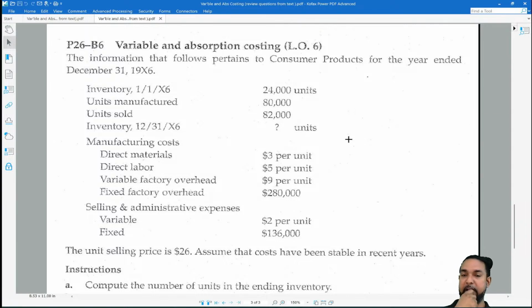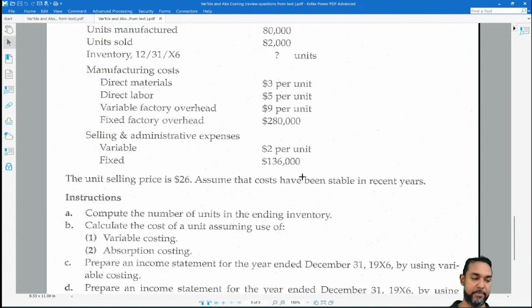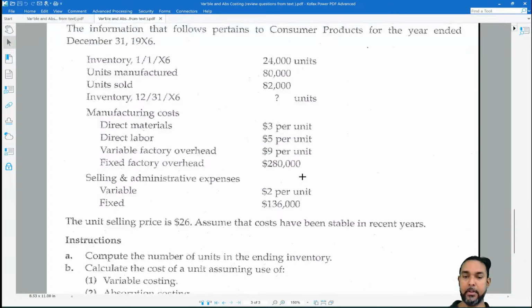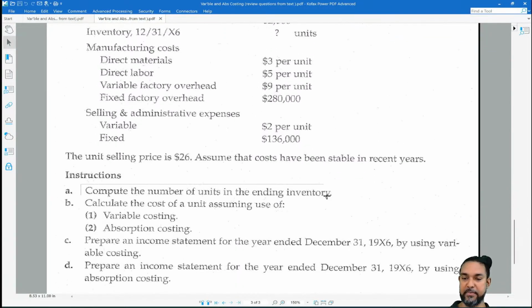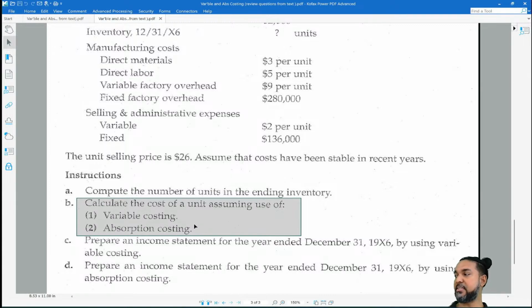But I feel like I want to do this and then the rec statement, right? Okay. So here's what we're gonna do. We're gonna do this question first, right? So this question, and I'll tell you specifically how we're gonna go about it, okay? What we have to do in the question, they want the number of units in ending inventory. We'll do that. Then they want the unit cost under both absorption and variable. So we're kind of gonna start with that.